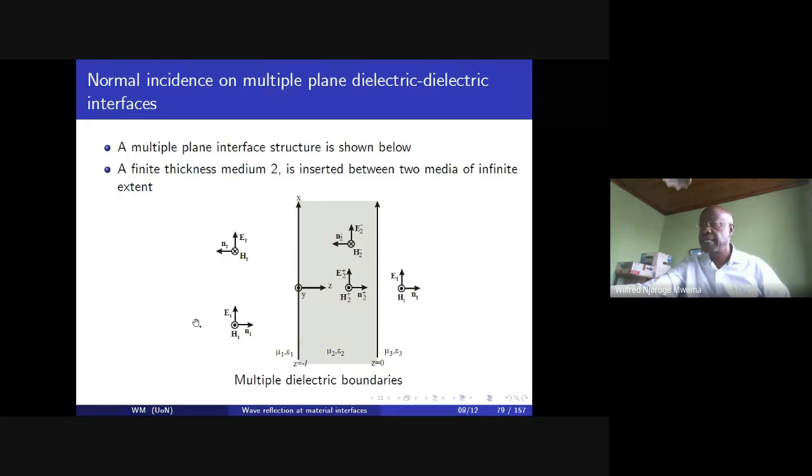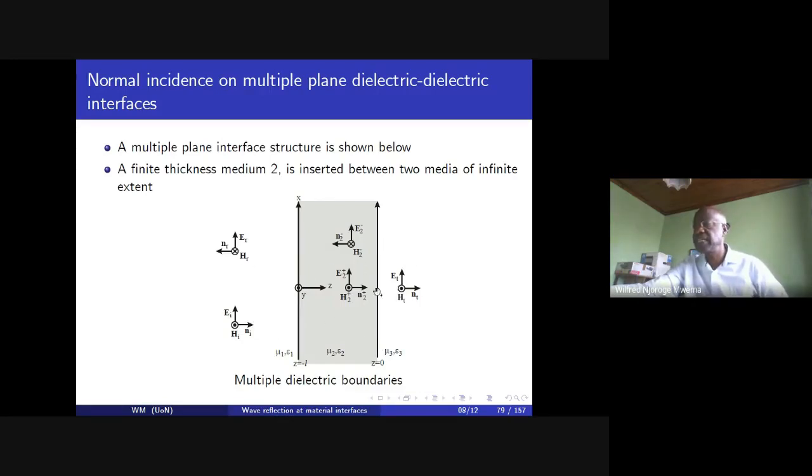So we can represent the field components in medium 1 as a superposition of the incident field components and reflected field components. In medium 2, the reflected wave will come here, get reflected, and some of it will be transmitted back into medium 1, and there will be multiple reflections.